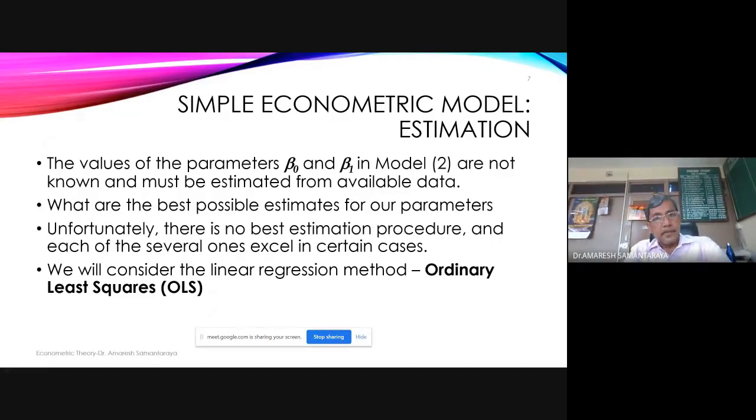Along with current income, you can have wealth, family size, and some proxy for taste and preferences. We will postpone the multiple regression model to module 2. In this module we'll discuss a simple econometric model, specified as in equation 2. Now, all of you are clear about what I discussed about specification of a simple regression model?